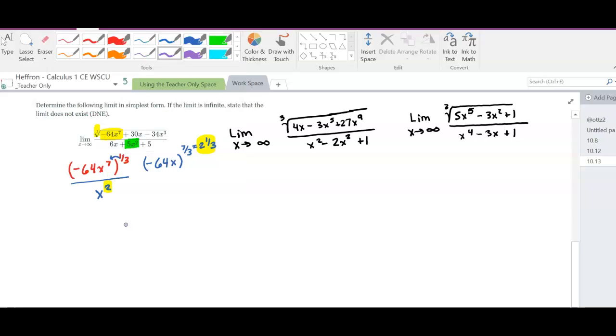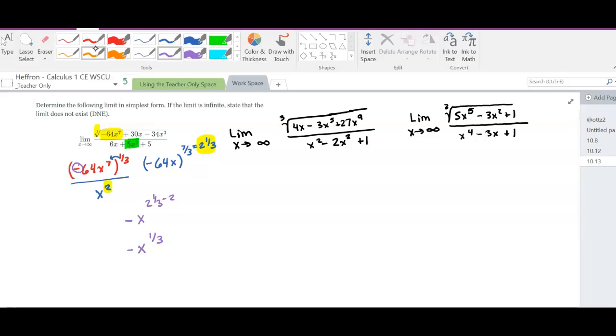So this is really simplified, a negative number because of that negative, x to the 2 1/3 minus 2, or negative x to the 1/3.